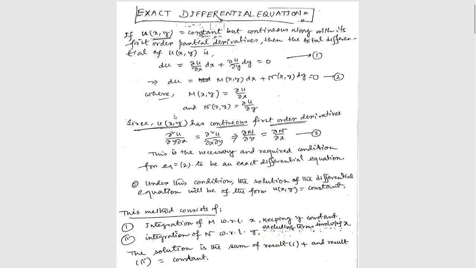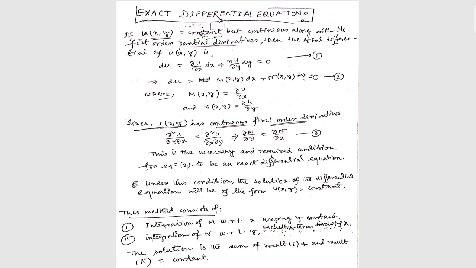Since u(x,y) has continuous first order derivatives, as we stated in the beginning of this session, u(x,y) is continuous and also its first order derivatives are continuous. So from here we can write ∂²u/∂y∂x, and you can write this as ∂²u/∂x∂y.